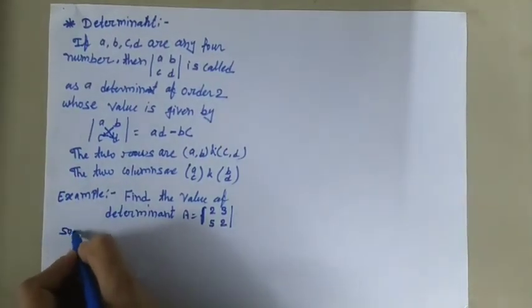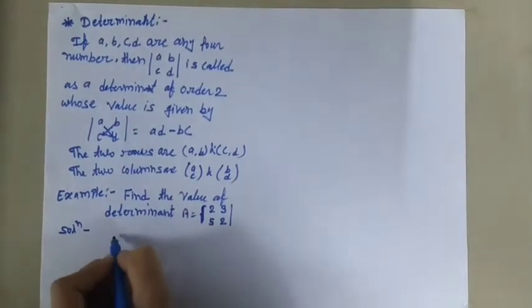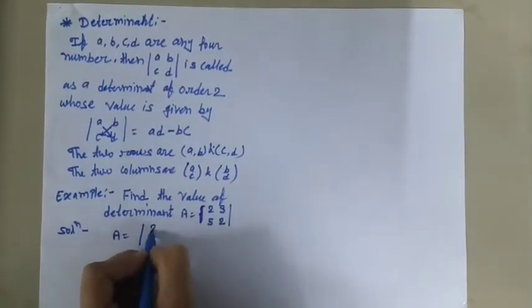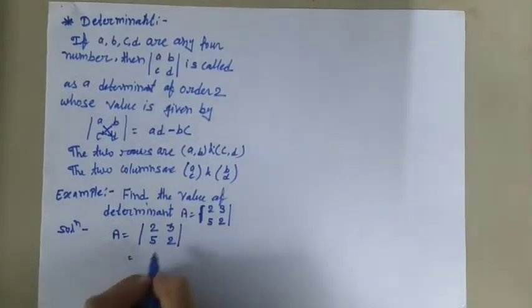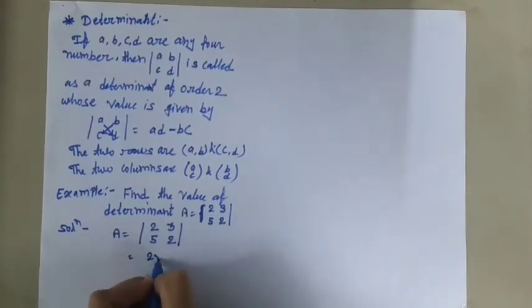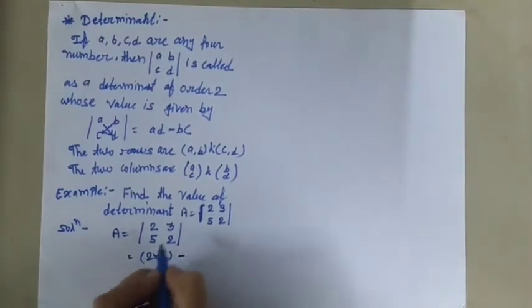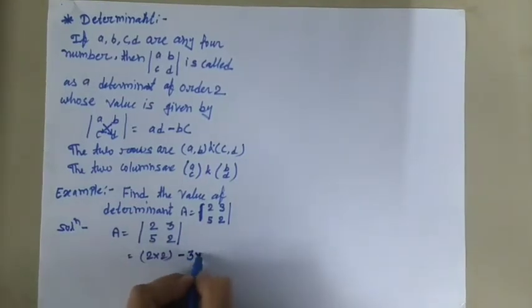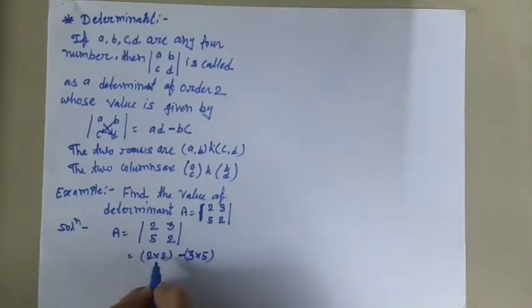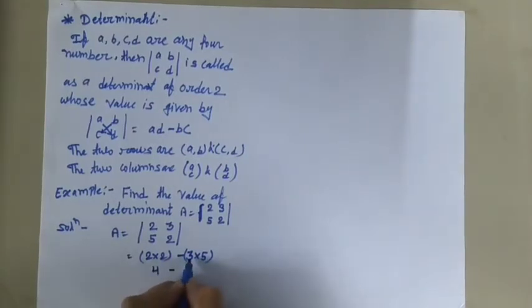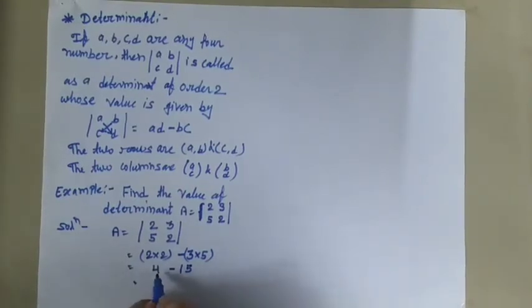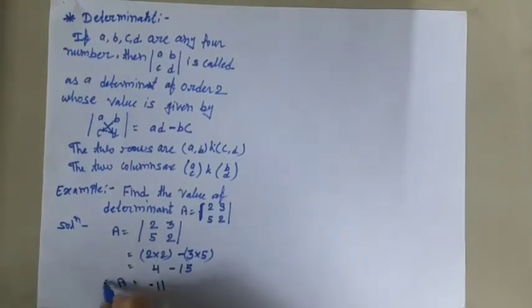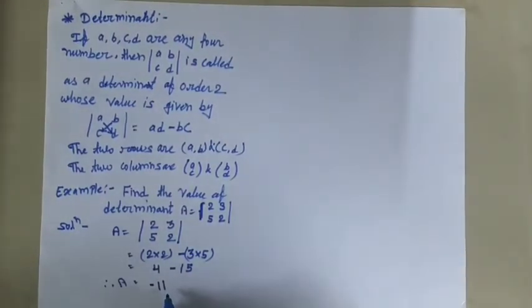Solution: A equals determinant 2, 3, 5, 2, equal to 2 into 2 minus 3 into 5. 2 into 2 is 4, minus 3 into 5 is 15, so 4 minus 15 equals minus 11. Therefore, A equals minus 11.